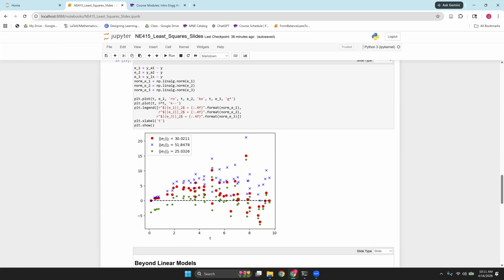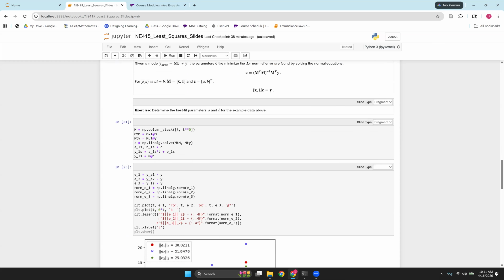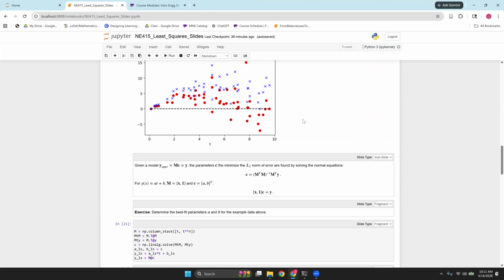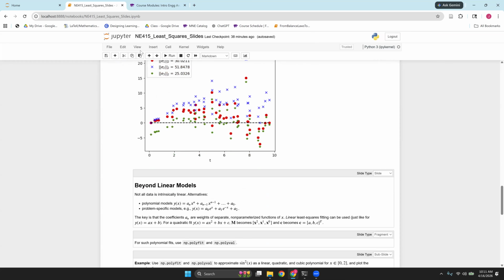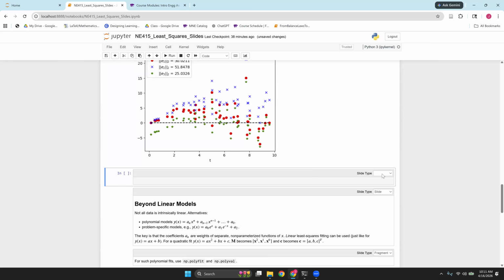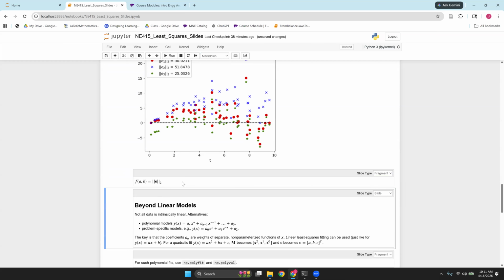But the basic idea is if we start off with the definition for error, right? So we've got f of A and B is equal to the L2 norm of the error, right? That's what we're trying to minimize.